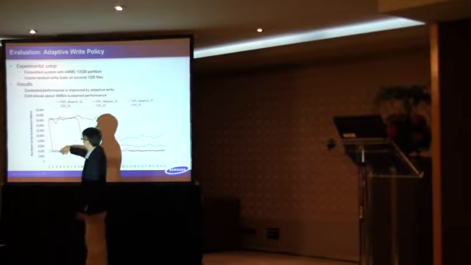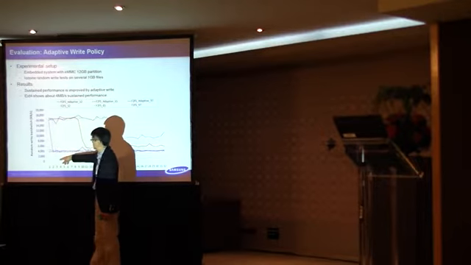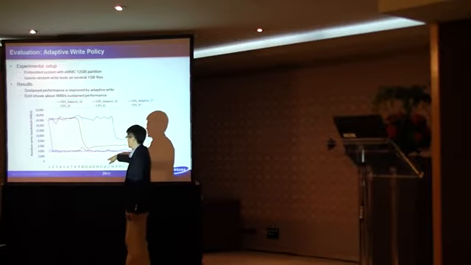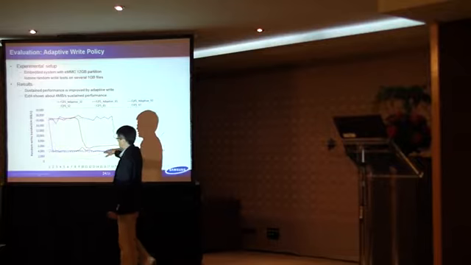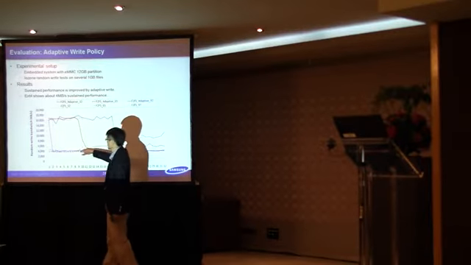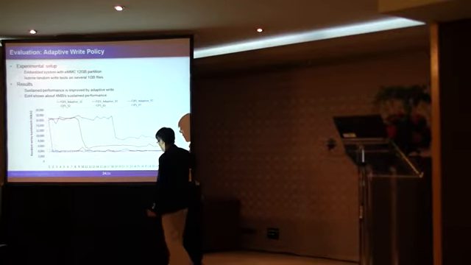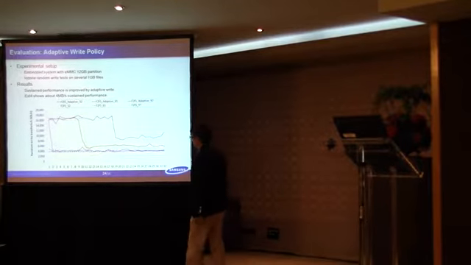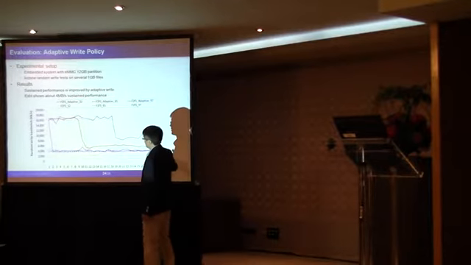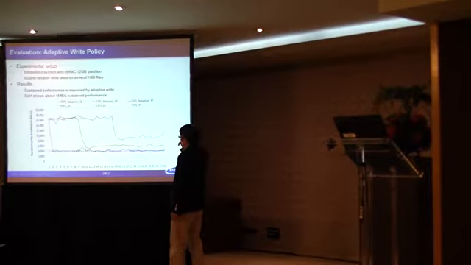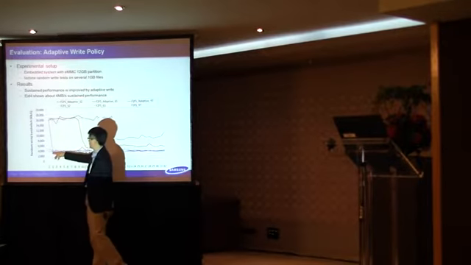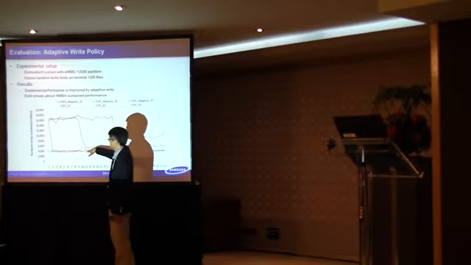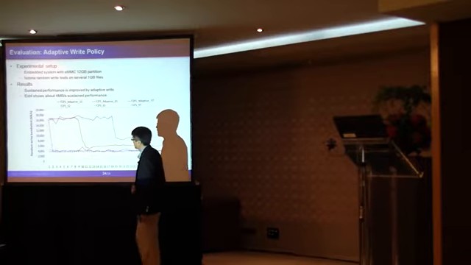Here, without the adaptive write policy, the performance is very degraded in the sustained state. The ext4 case is about 4 megabytes in even cases. After using the adaptive policy, we could achieve competitive performance with the ext4 case.